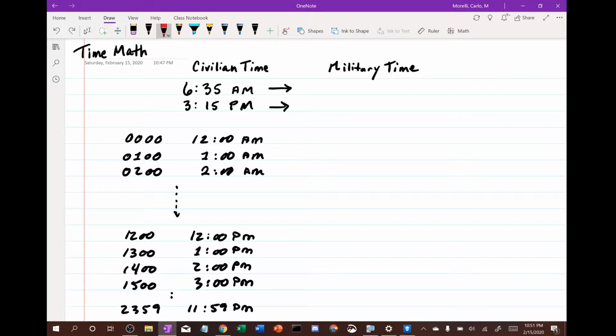So let's convert 6:35 a.m. to military time. Well, this is just 0635. And 3:15 p.m., look down here, you're in this time period, would be 15:15.